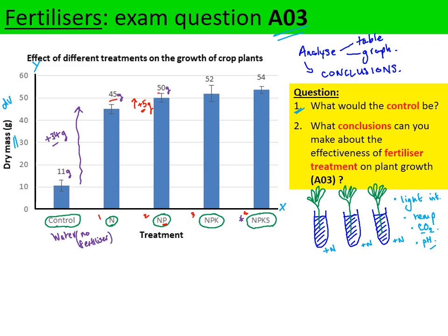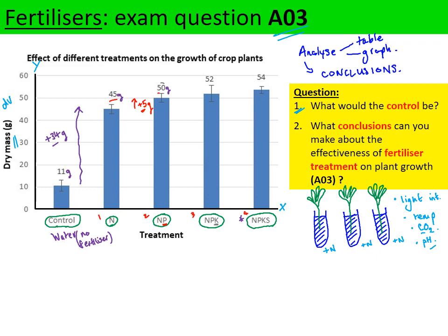And then we can do the same for treatment number 3. So if we look at N, P, and K here, we know the dry mass we're going to get with N and P, because that's treatment number 2. So when we treat with N, P, and K, treatment number 3, we can work out the effect of potassium on growth.